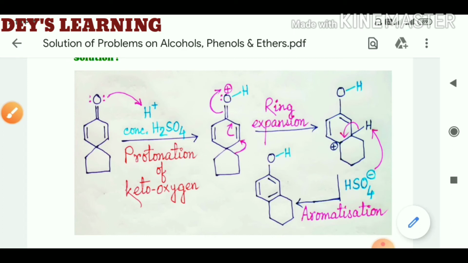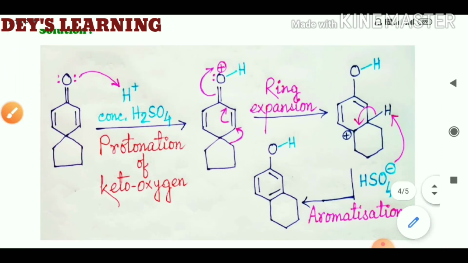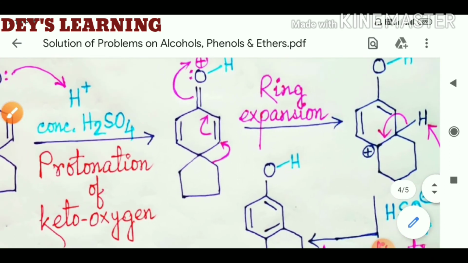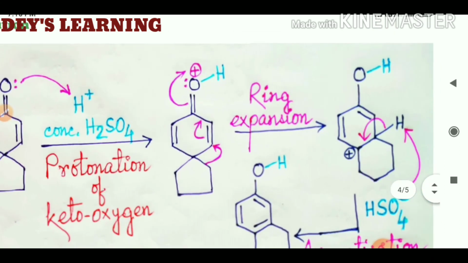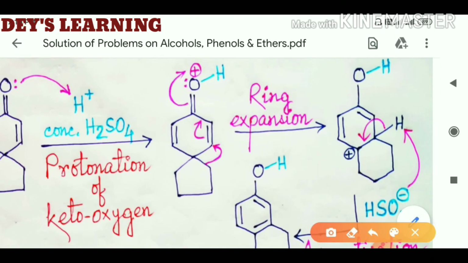This is the ring expansion. Take a close look here. When this double bond is shifted, this carbon will be positively polarized, a delta positive charge will be generated here, and one carbocation will be formed here.